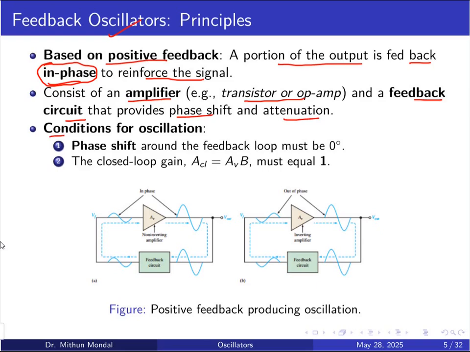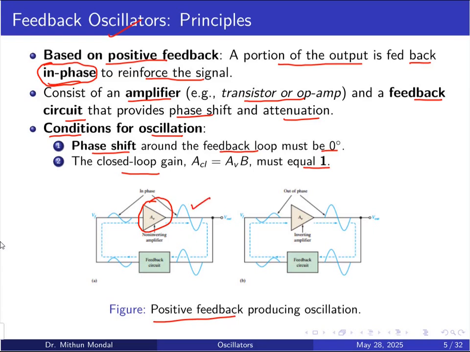The conditions required for oscillations are that the phase shifting around the feedback loop must be 0 degrees and the closed loop gain must be equal to 1. Here we can see the positive feedback circuit. You can have the amplifier in the form of a transistor or op-amp.